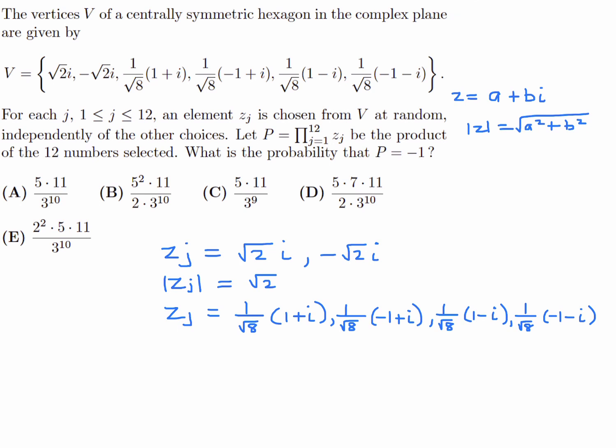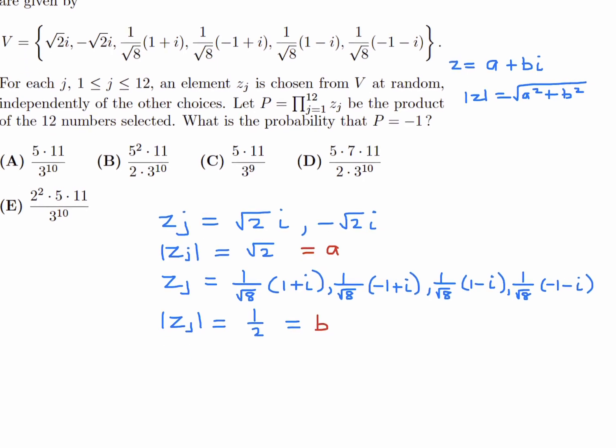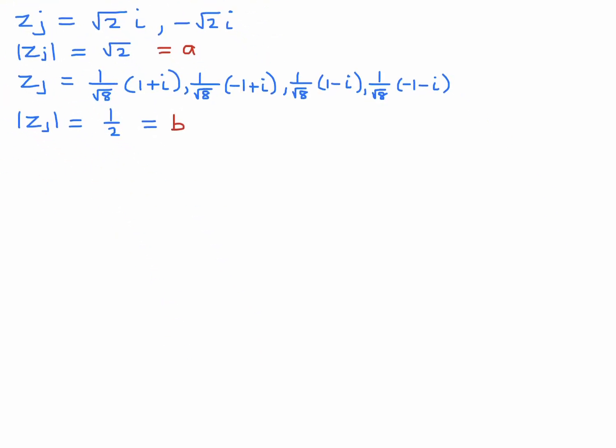Both of those would give you root 2. That's why I put them in the same category, because their magnitudes are the same. And I'm going to therefore refer to them as A. Now these four, in a very similar way, when you take the magnitude, give the same result. All of them give a half. So I'm going to refer to those as B. So that is what we have to work with.